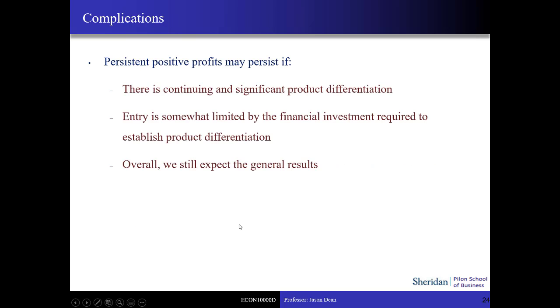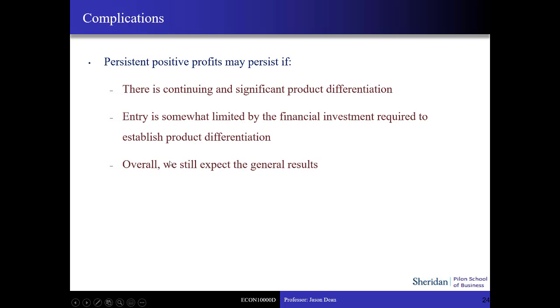So just some qualifications. There could be persistent profits if we're thinking about the long run. If, for example, they continually differentiate their product and continually try to distinguish it and make it something that the consumer would want compared to the other firms.